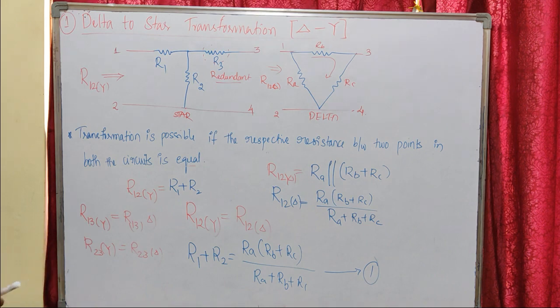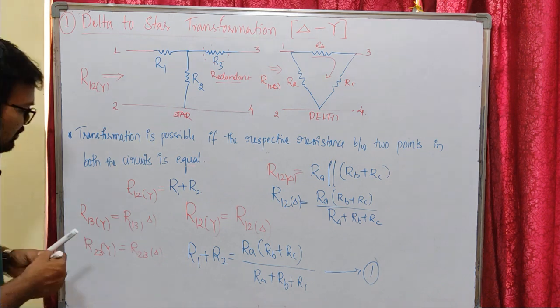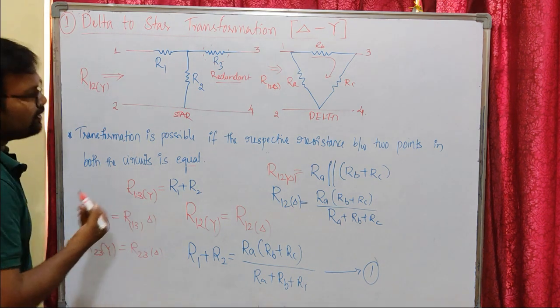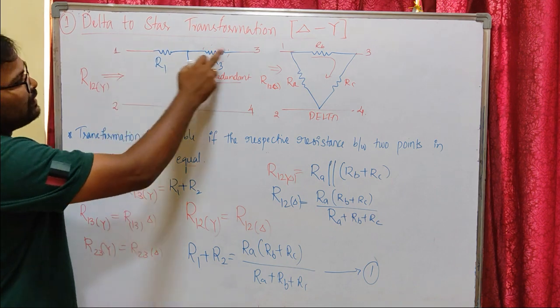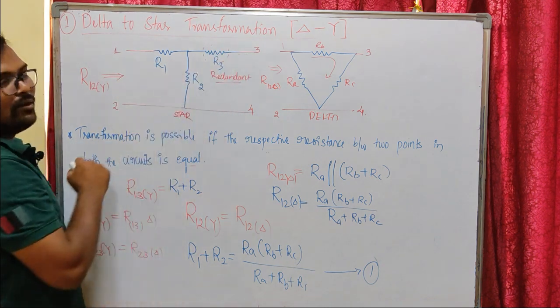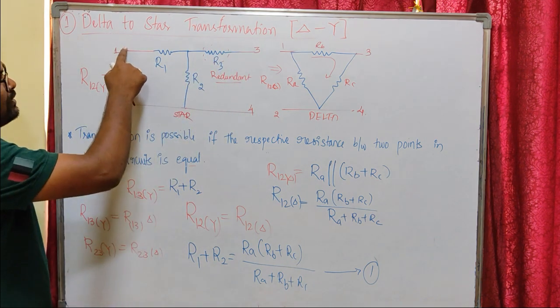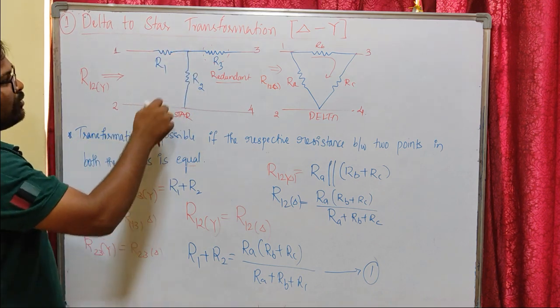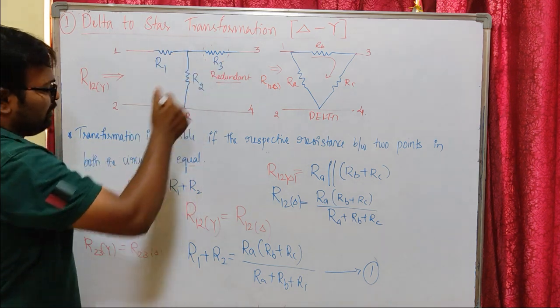So I am going to write the expression for R13 star similar to R12 star. R13 star will be the resistance between points 1 and 3. If I apply a voltage between these two points, this will be open, and the overall resistance will be R1 plus R3.